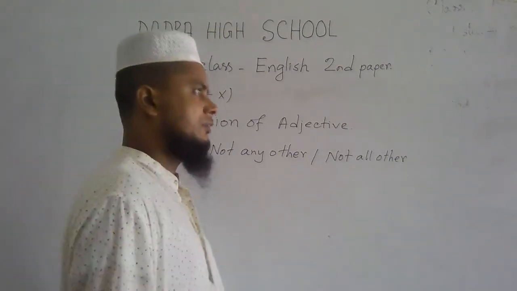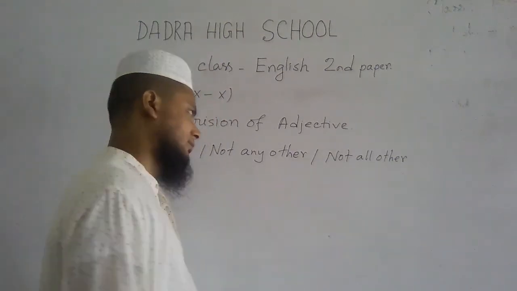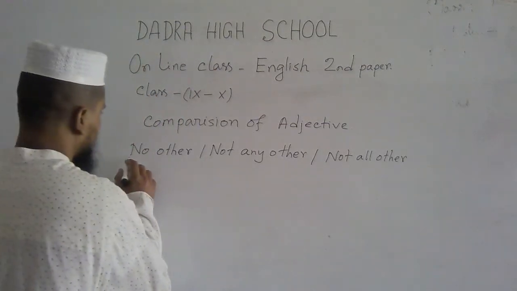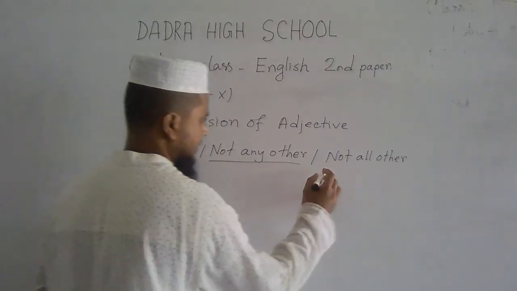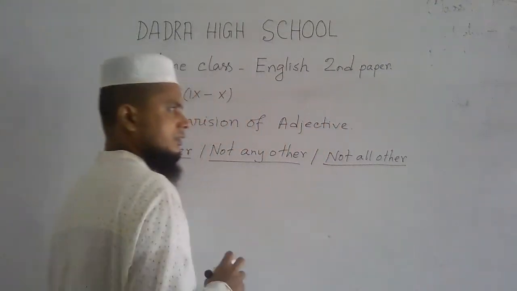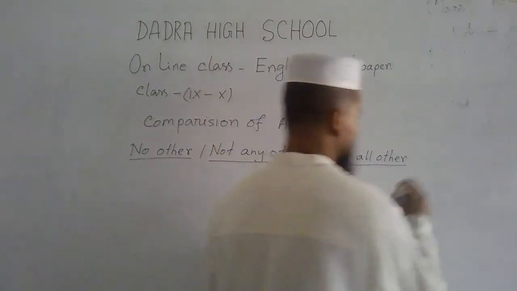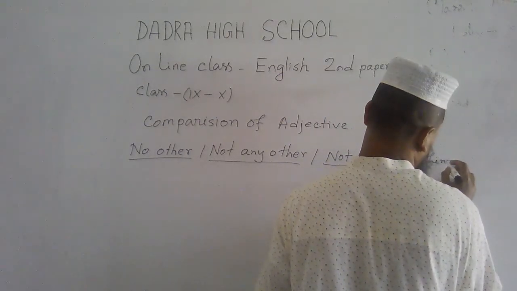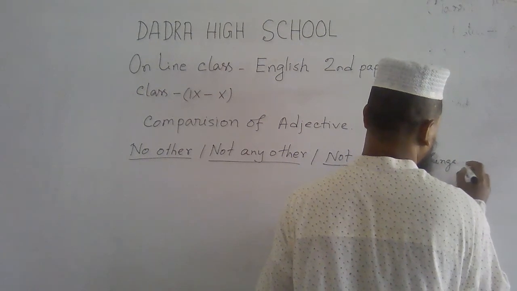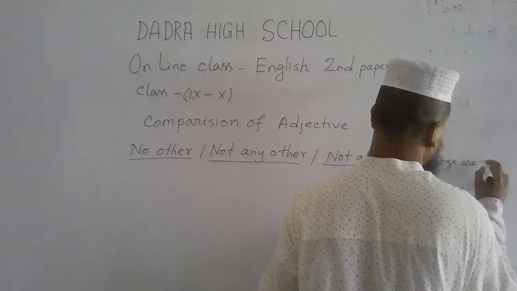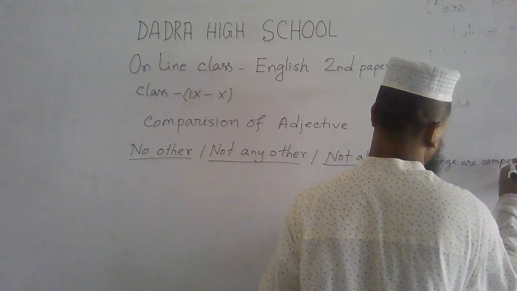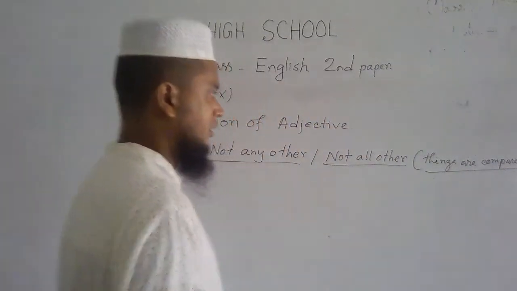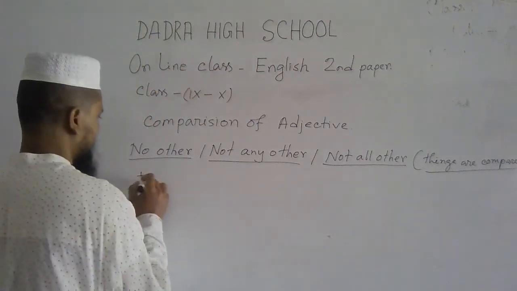Such types of positive sentences you will be asked to change into comparative or superlative. But how will you change them? This is the question. If the sentence in positive form starts with no other or not any other or not all other, then you will get things that are compared. Then there will be a verb.